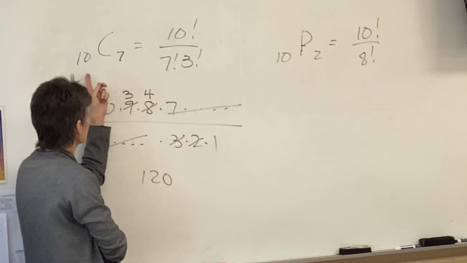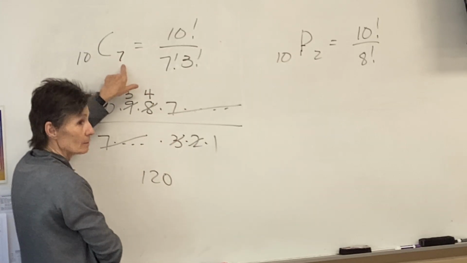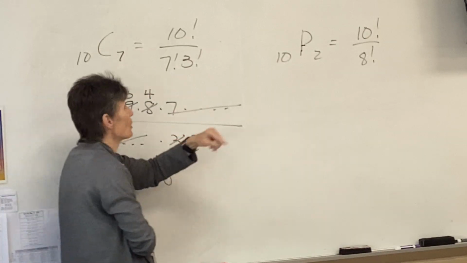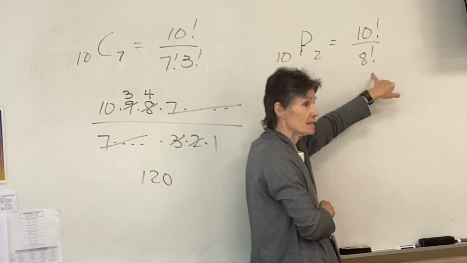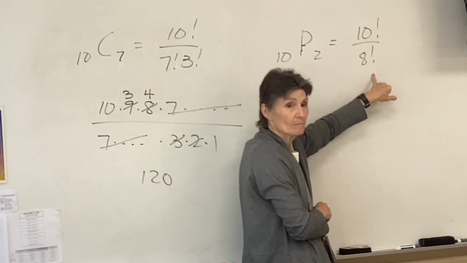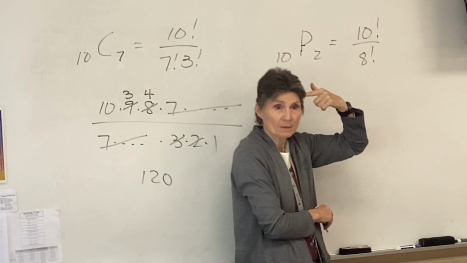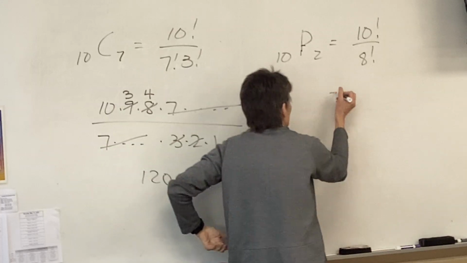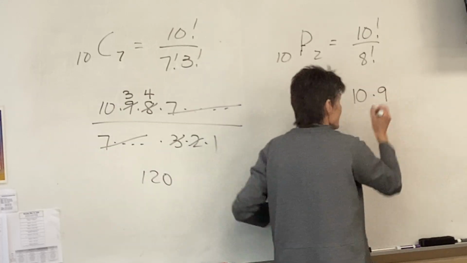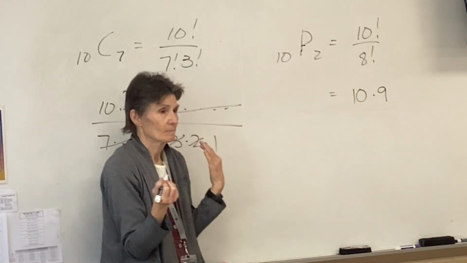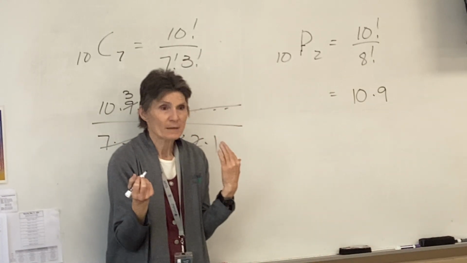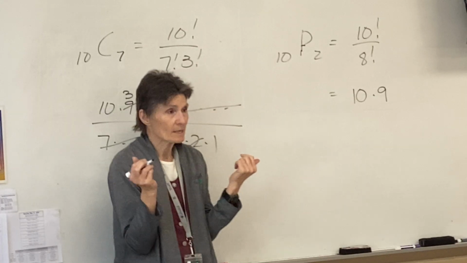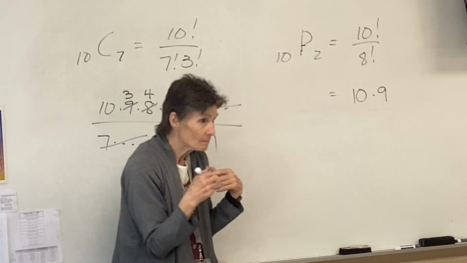The C's have that number. And the P's only have the difference. All right, so dash that up there. The P's only have the difference. So isn't this just going to be 10 times 9? Because after the 8, it all cancels with the denominator. So the answer is 90.